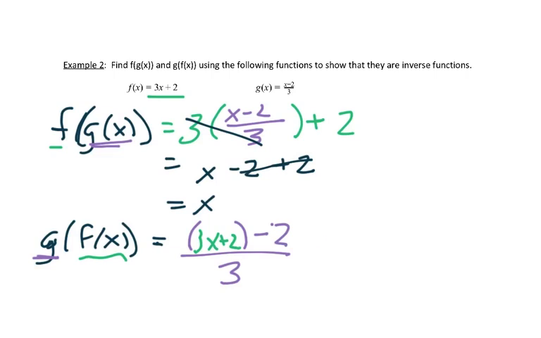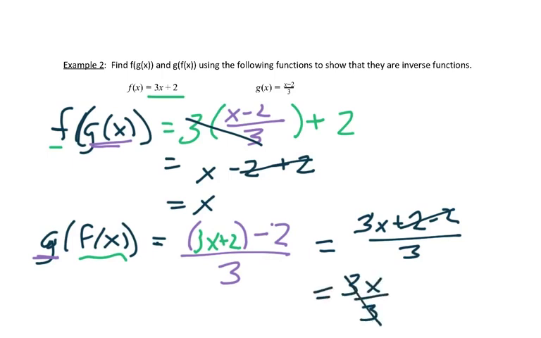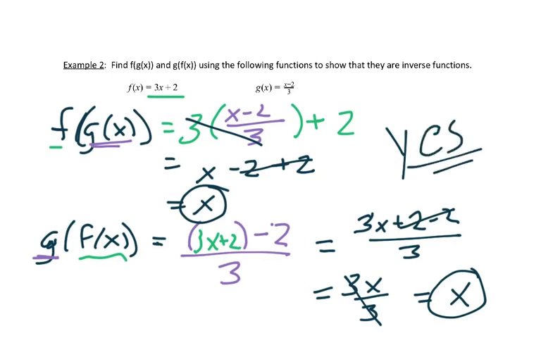And then we'll simplify. Those parentheses aren't doing anything, so we really have 3x plus 2 minus 2 over 3. Plus 2 minus 2 cancels out, so we have 3x over 3. That cancels out the 3's and just leaves us with x. So because we got x here and we got x here, the answer is yes. They're inverses of each other.